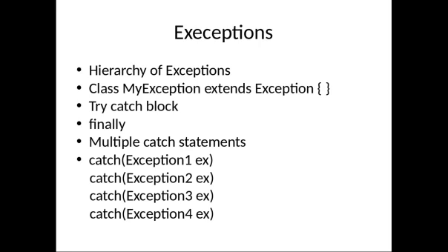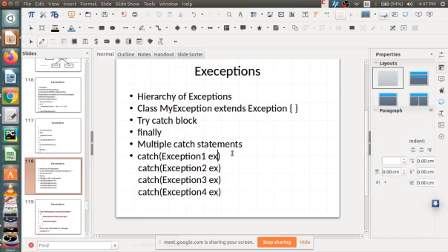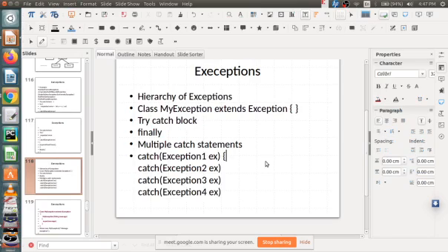It is similar to a try catch block, but let us see how I can write it. And yes, I can write multiple catch statements. Catch exception type 1, then immediately another. This is one block, this is another block.